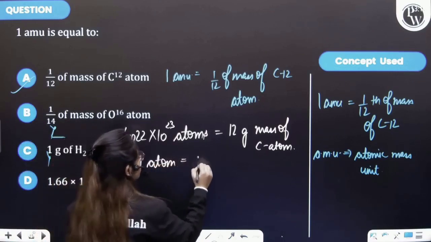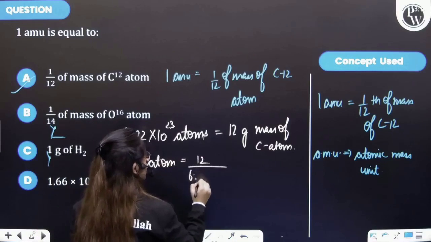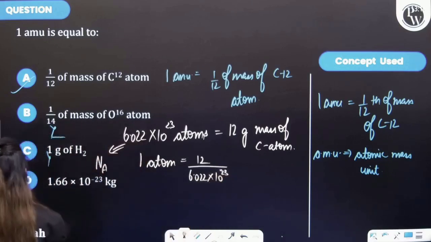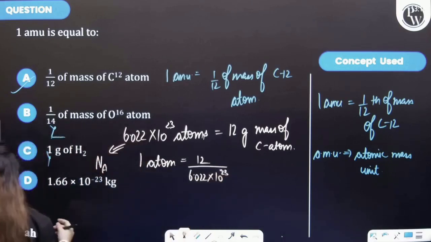It will be equal to 12 upon 6.022 into 10 raised to the power 23, right? Now, this is the mass of one atom.